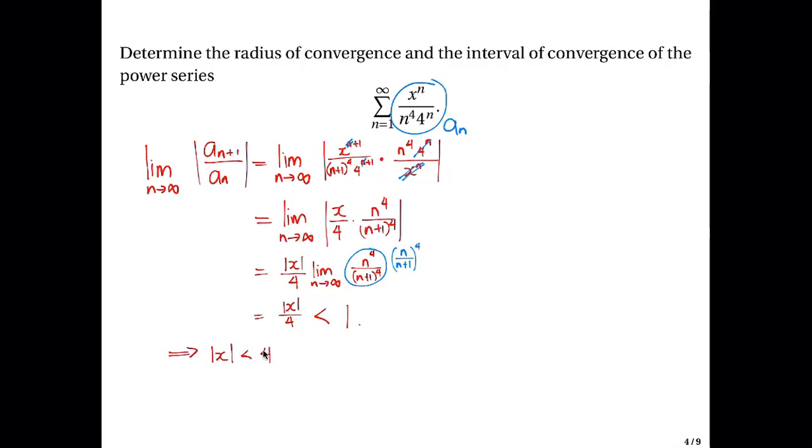So the radius is equal to 4. But as an interval without the absolute value symbol, we just have negative 4 less than x less than 4. Okay? So, any questions so far?